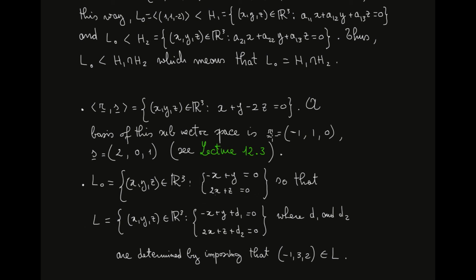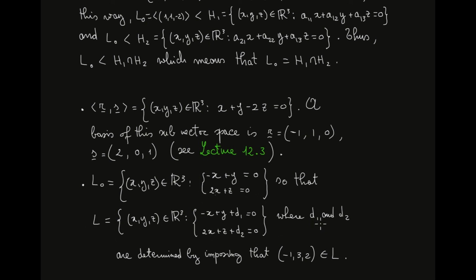So now we have found R and S, and we can directly express L naught as the line, the one-dimensional subspace, that in coordinates has the following expression: -x + y = 0 and 2x + z = 0. So the expression of L is going to be of the same form as before, but we have to add two constant terms, d1 and d2, to the equations.